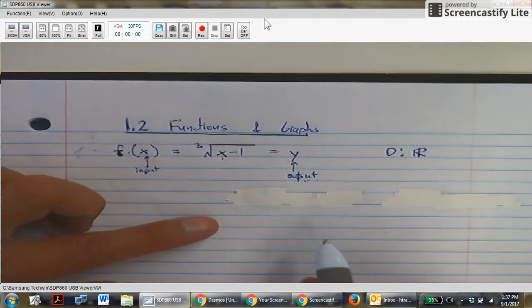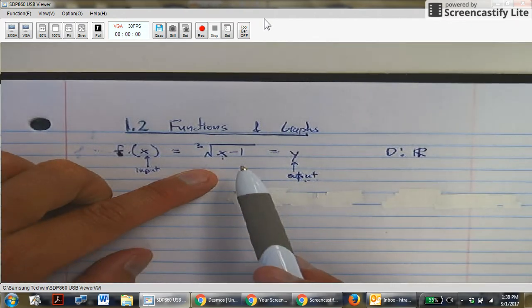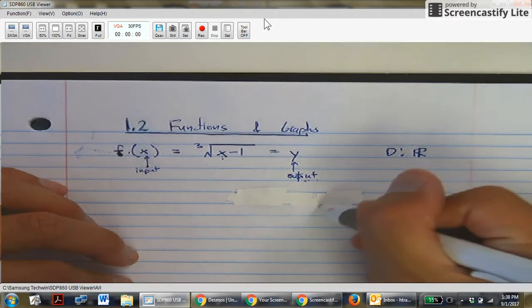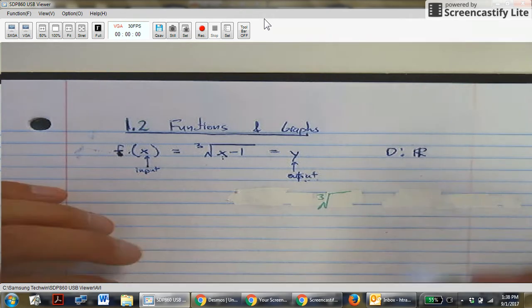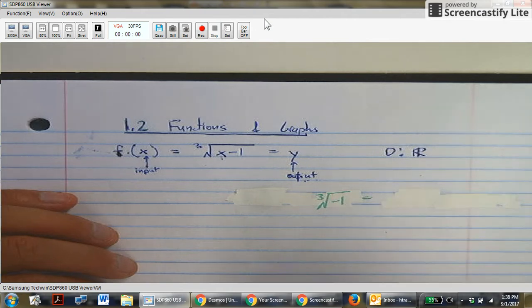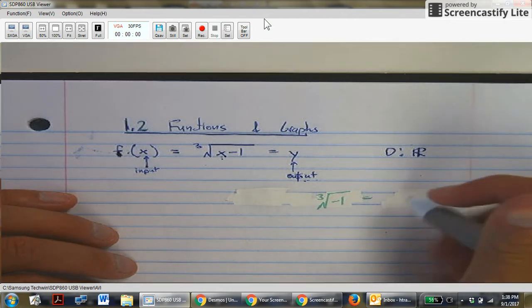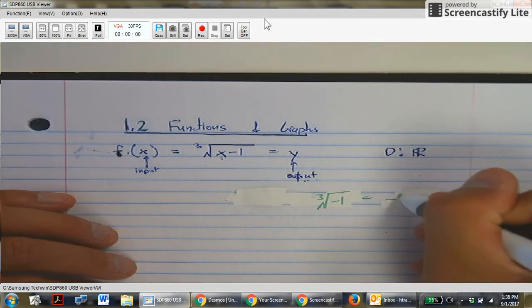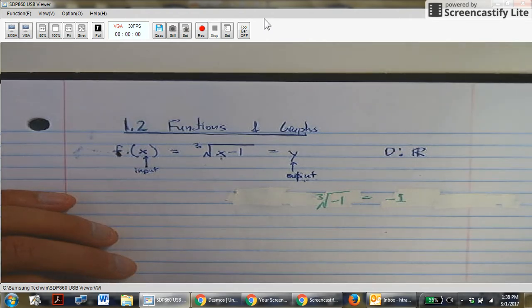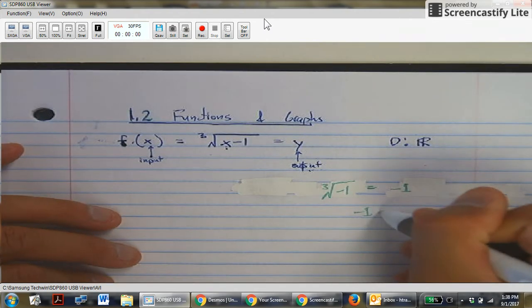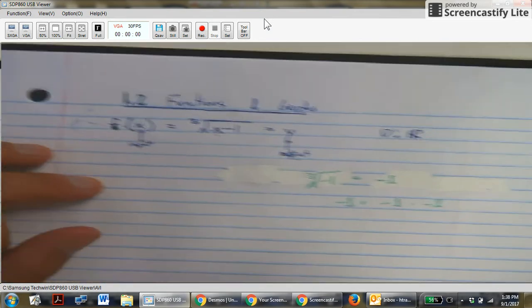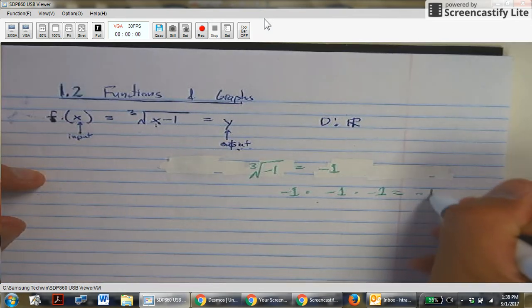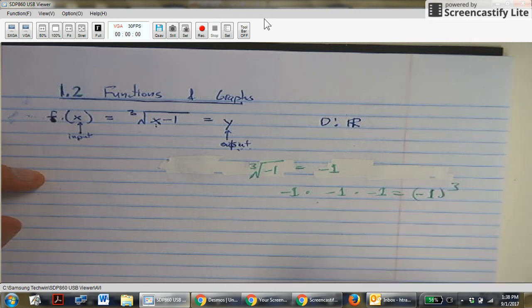Okay, so anyway, back to here. The cubic roots are okay. You can put in negative numbers. So let's say that we take the cubic root of -1, again, green, don't write, okay? If you did that, it would actually just be -1. Meaning if you take -1 and multiply it 3 times, that'd be -1 cubed.